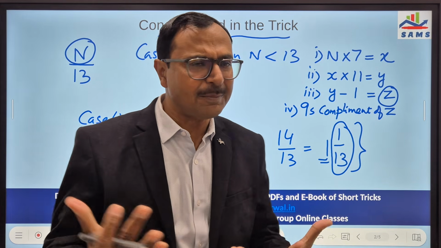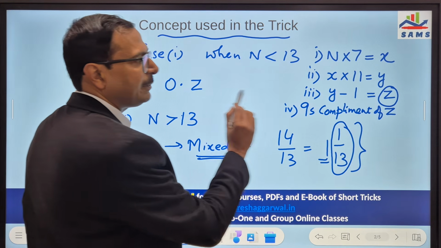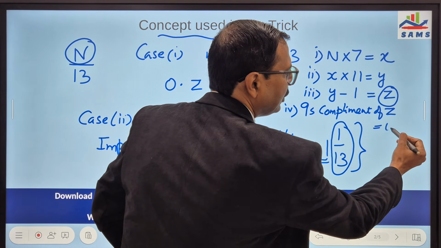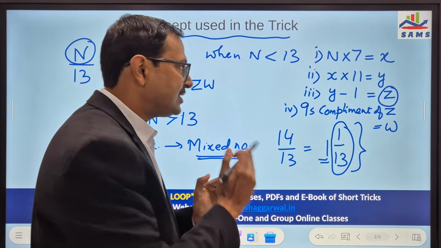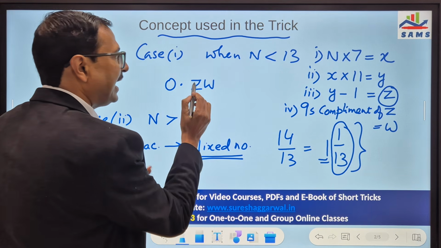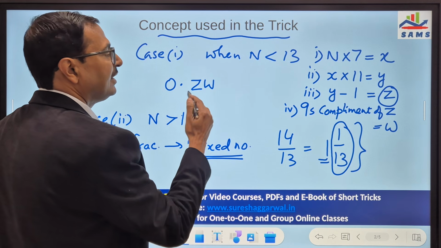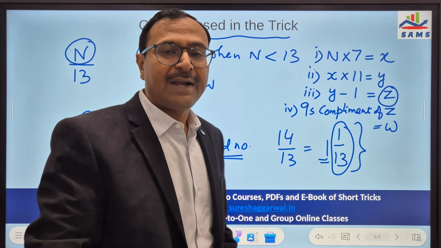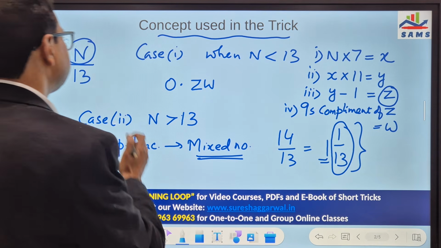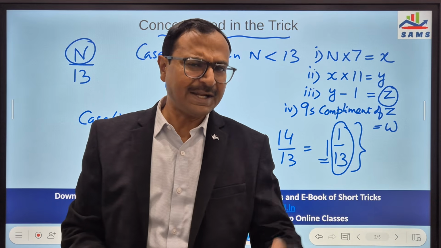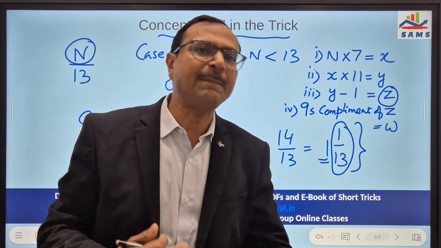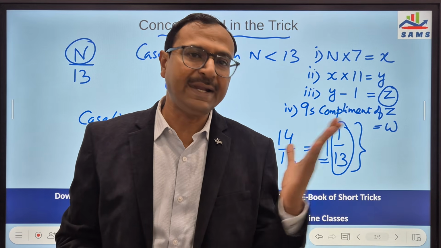So you will get another number, and that 9's complement of z, which is say w, will be the next part of your series of digits after z. And these digits will start repeating now, and it will give you the decimal representation of n upon 13. Slightly difficult, right? But when we start applying it, you will realize how wonderfully it works.